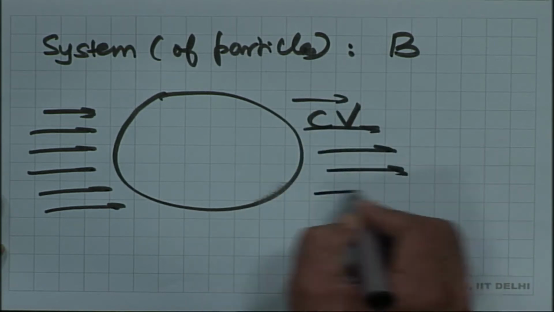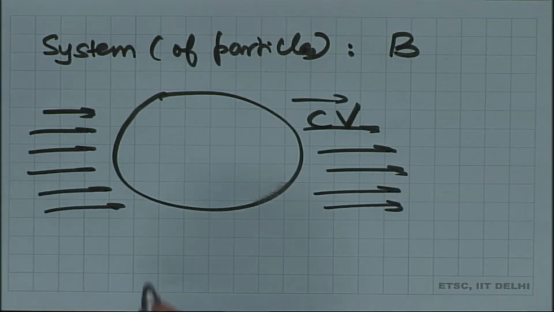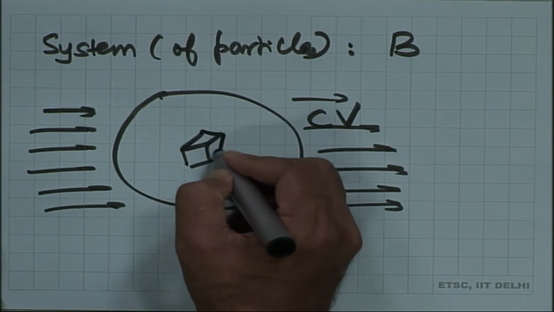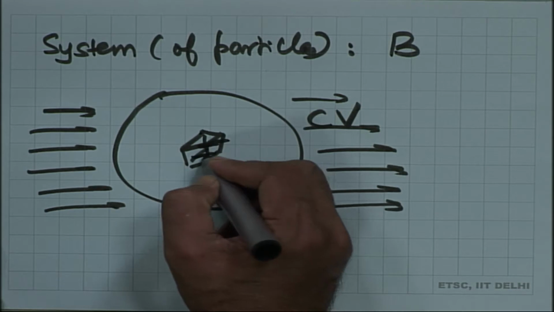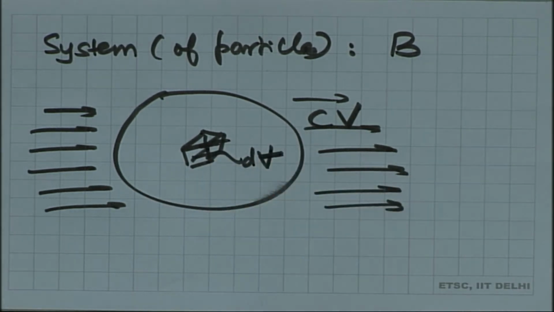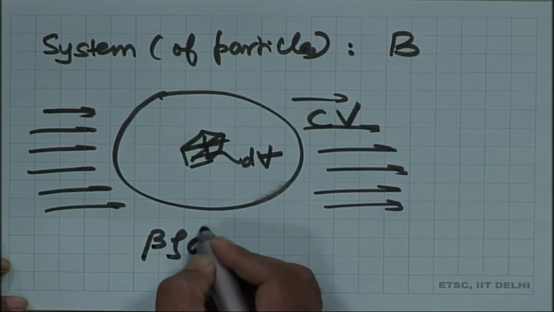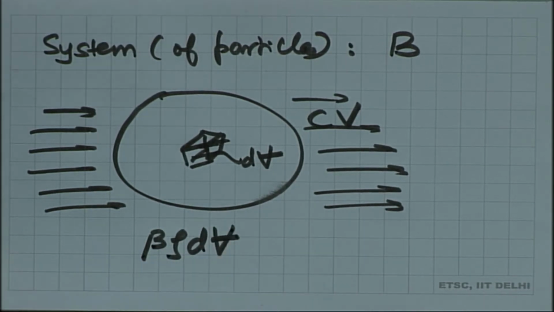come in and exit, then what we said was, if we choose a small volume dV, an infinitesimal volume dV, then if I look at this quantity beta rho dV, recall beta was the intensive property, rho was the density.